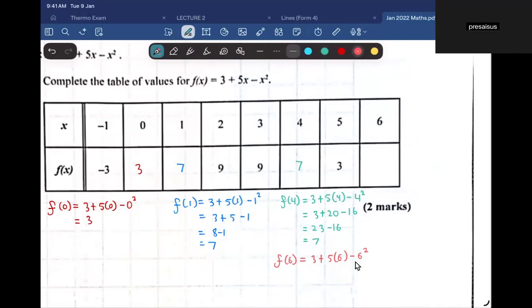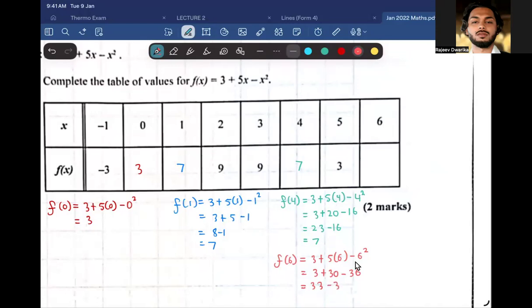So it will be equal to 3 plus 30 minus 36. What is 3 plus 30? 33. What is 30 minus 36? Wait, remember, I mixed up something. We add 3 and 30, so that's 33.